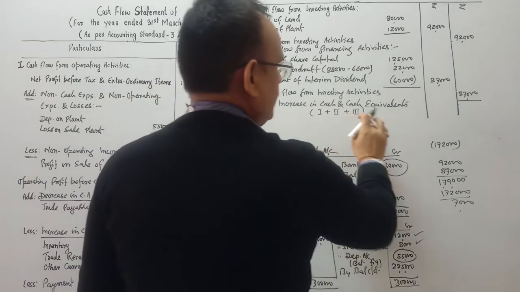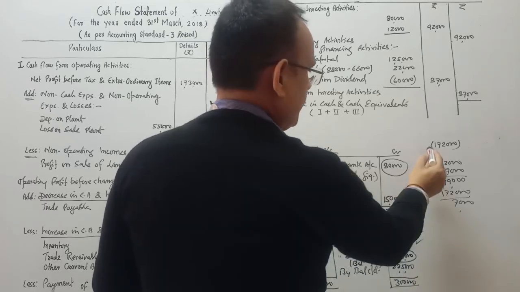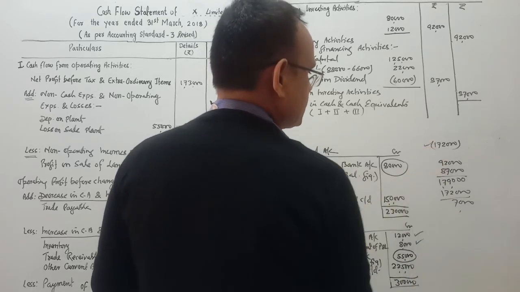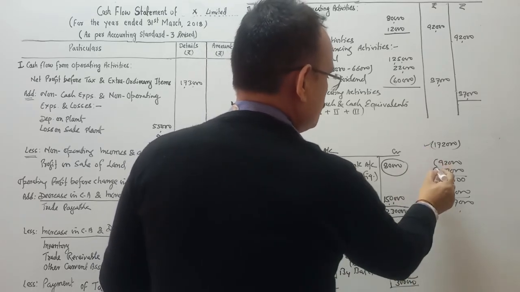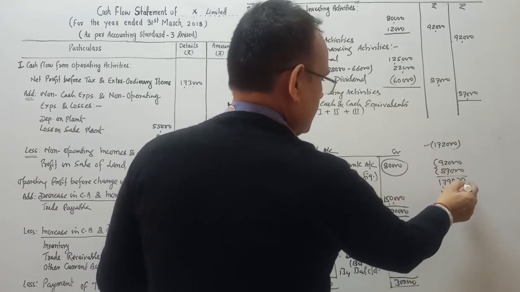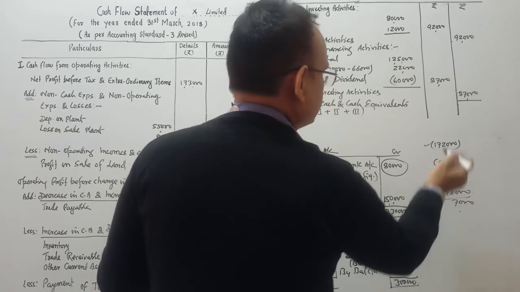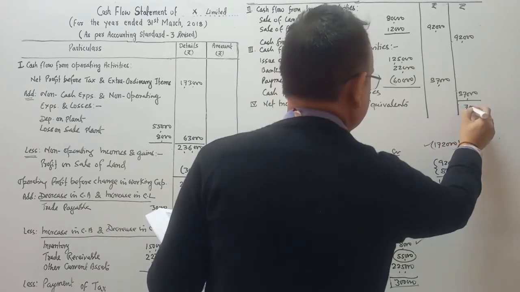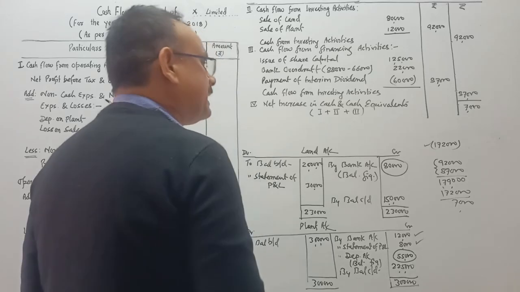When we do the total, operating is minus 1,72,000, and in investing and financing it is plus. So total plus is this much and minus this one. So 7,000 is the net difference. It is plus, net increase.